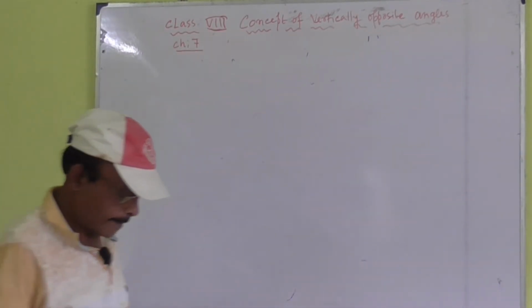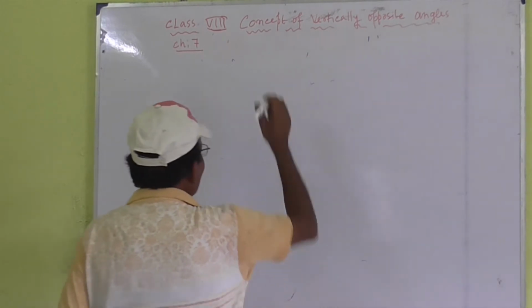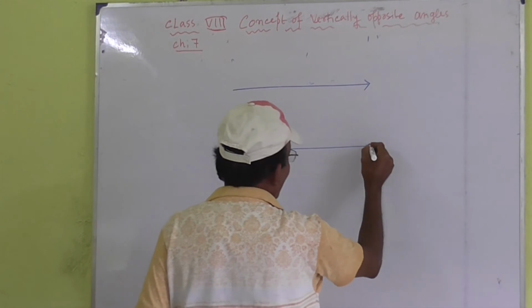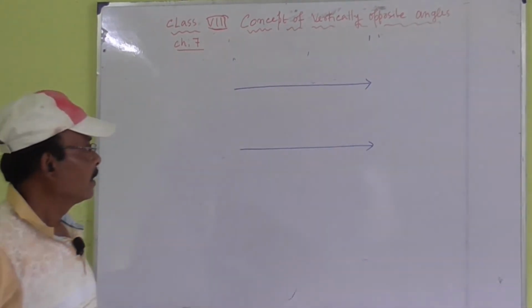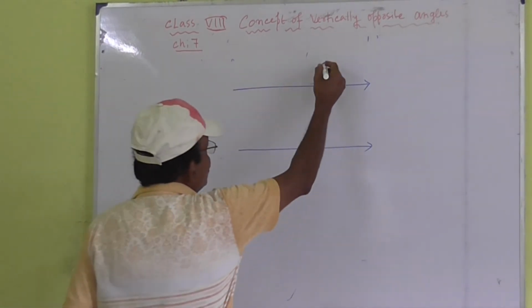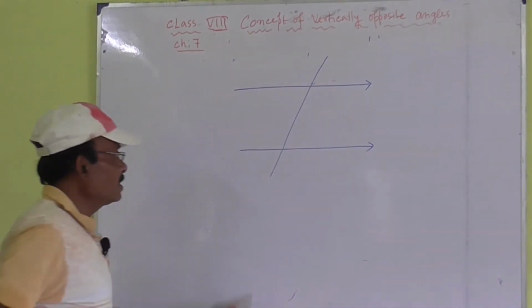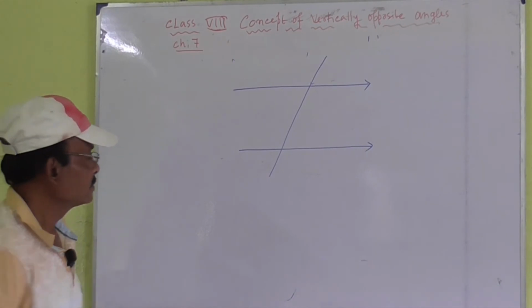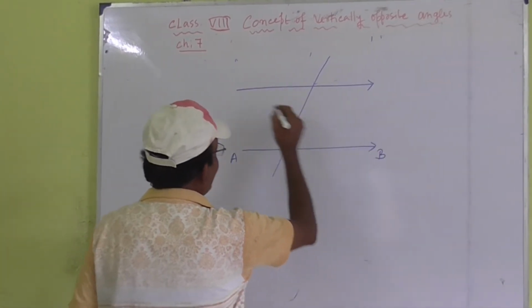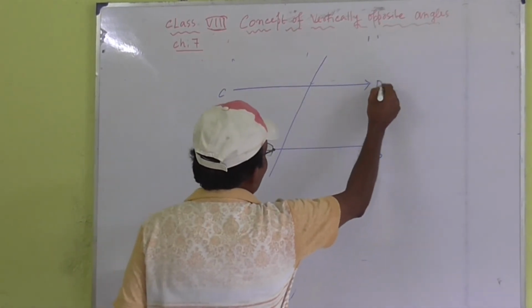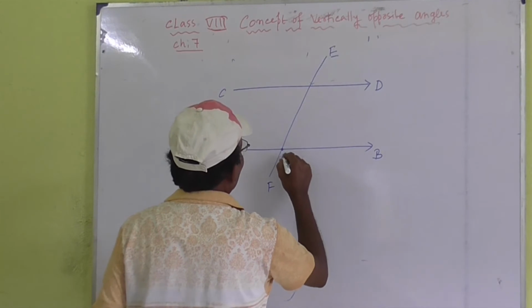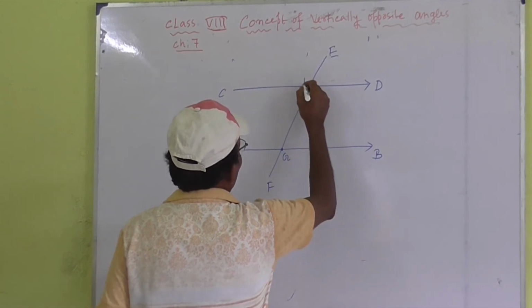Here, the theorem is that if two lines are parallel, this is the transversal, named A, B, C, D, E, F, G, H. Clear?